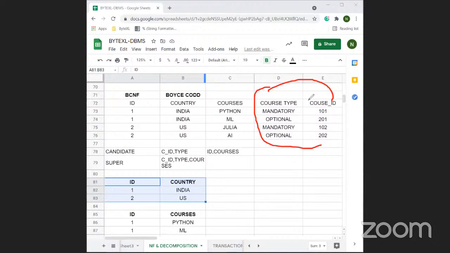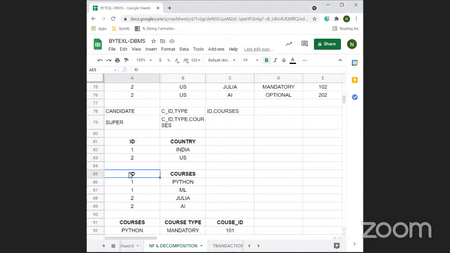All these course IDs are for university or college purposes. Therefore, this unnecessary data, or what are called non-prime attributes of our candidate keys, has to be taken in a separate table. That means this is the important table here.